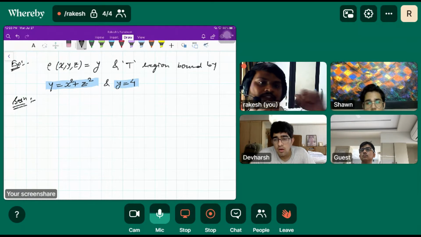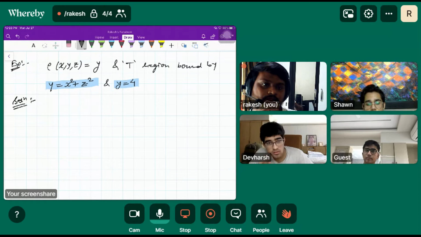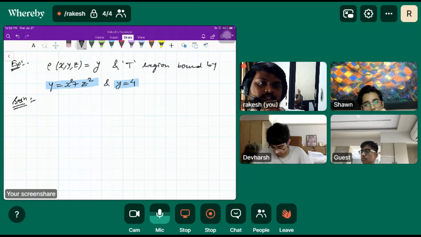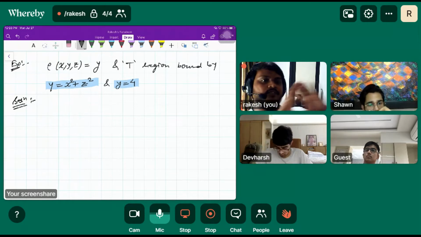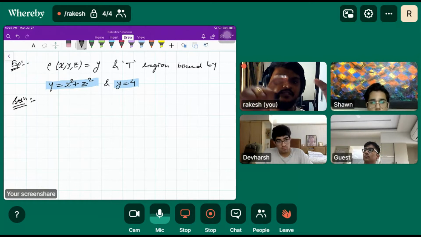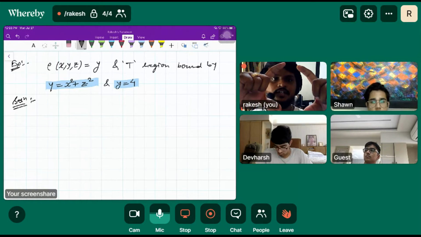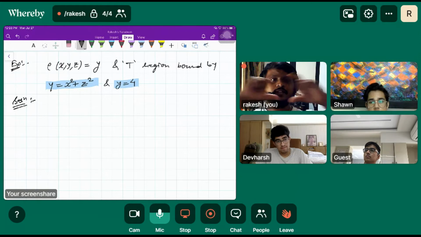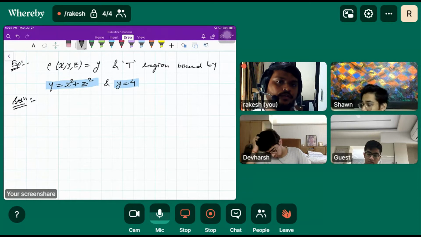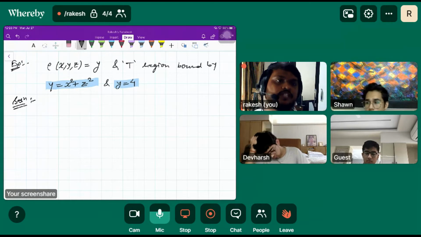For different y values, we'll get different circles. So that is basically one paraboloid like this. If I show you on camera, can you see that? For y is equal to 0, the equation is x square plus z square is equal to 0.